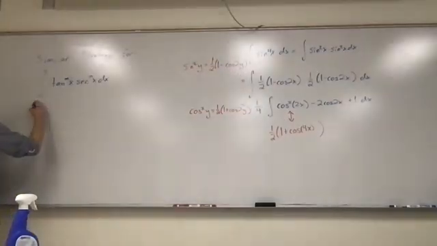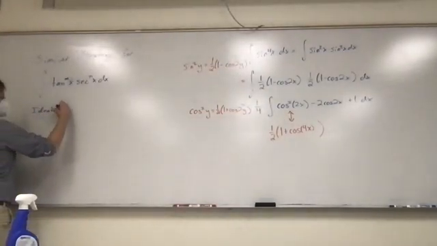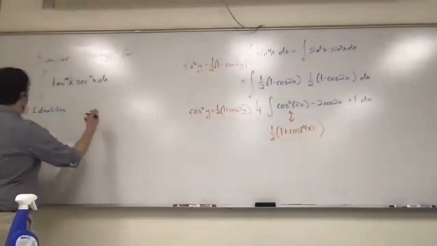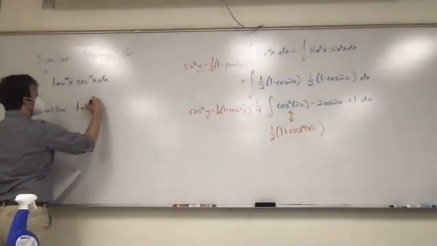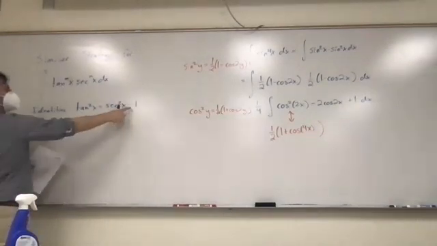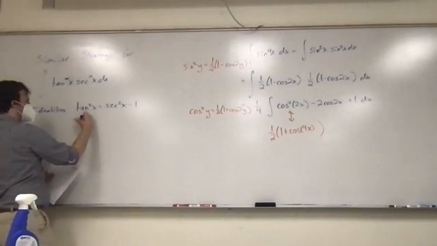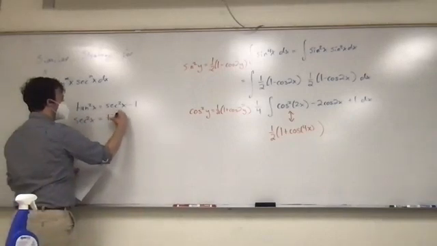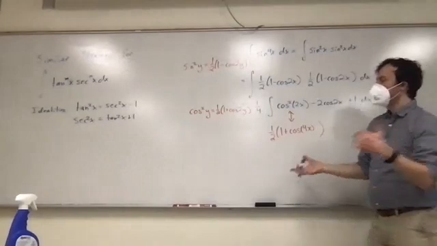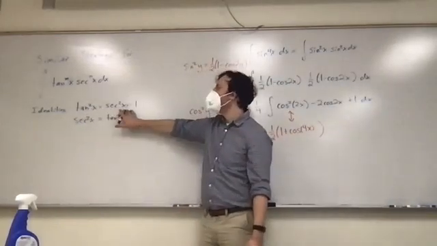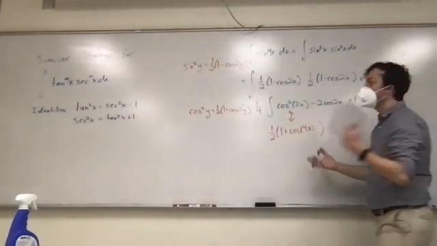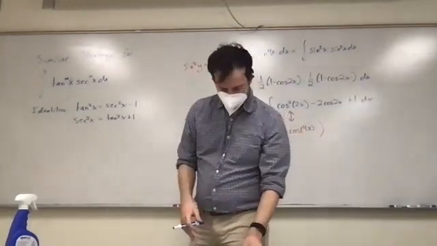So for those identities, there are two versions. Tangent squared is secant squared minus 1, or moving the 1 to the other side, secant squared is tangent squared plus 1. These are the identities that let you take tangents and turn them into secants, or secants and turn them into tangents. So that's one of the things we need to switch between the ones that we have.